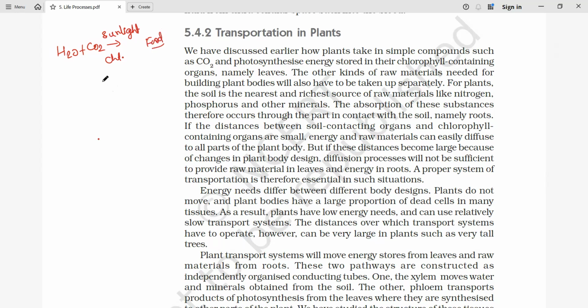So how do they get the water from the roots, and how does that prepared food reach the different parts of the plant?